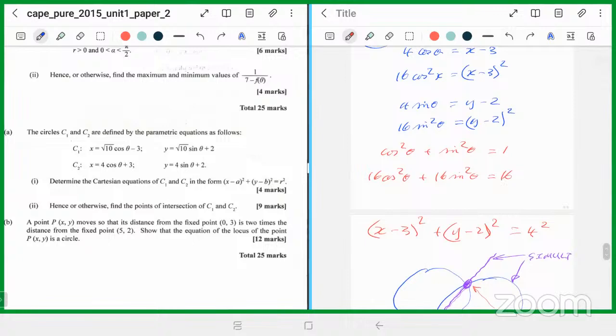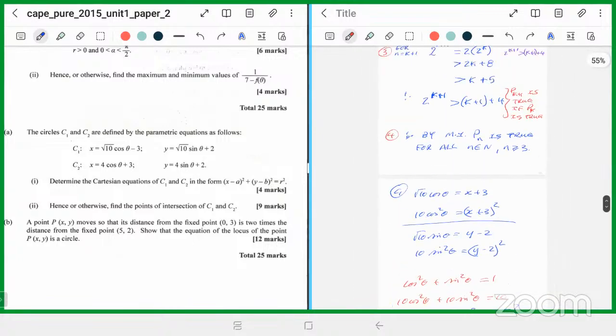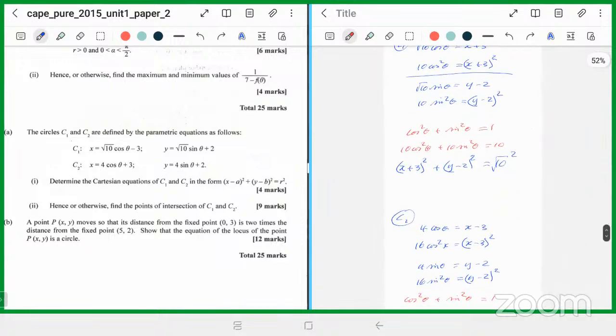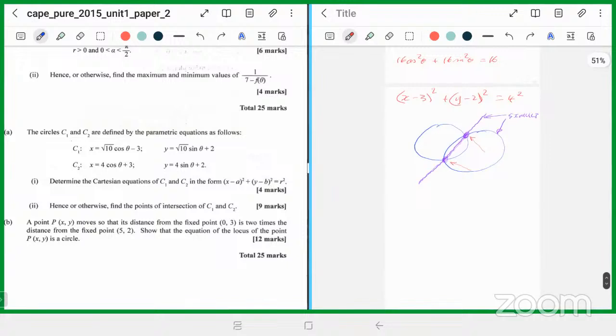You want them in the general form with the x squared and the y squared terms in them. Then you subtract the 2 equations to eliminate the x squared and the y squared terms. You're going to end up with the equation of a line. Then you solve simultaneously the line and one of the circles, and that will give you the 2 points.